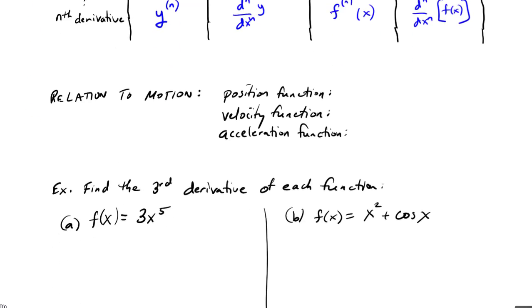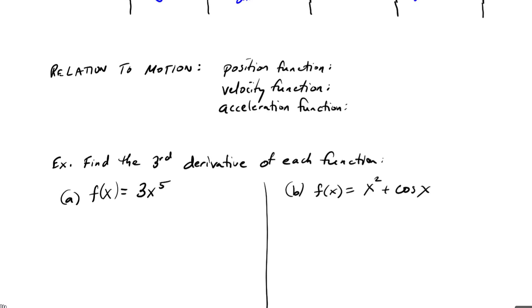So now we also could talk about this in relation to motion. When we started talking about derivatives and instantaneous rate of change, I made the connection to movement. If you had a position function, say s of t, which is often our position function, and then you wanted its instantaneous rate of change, that would be the velocity.